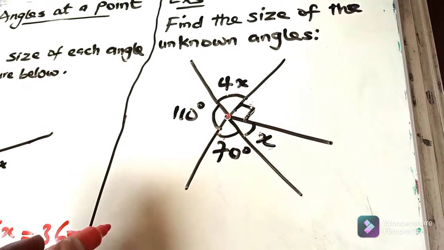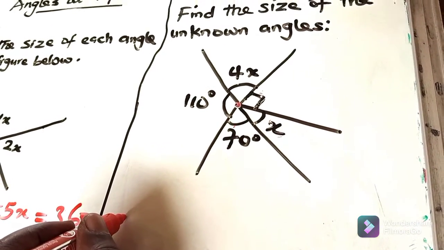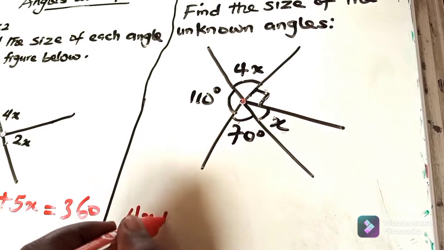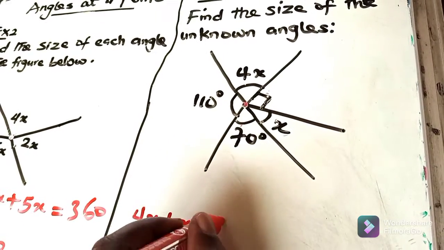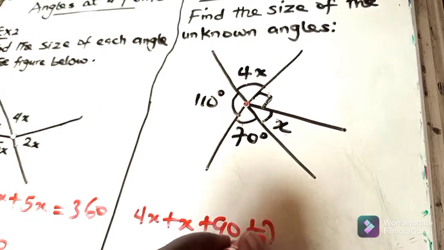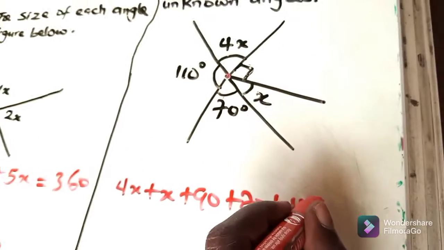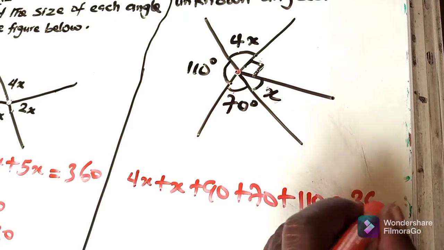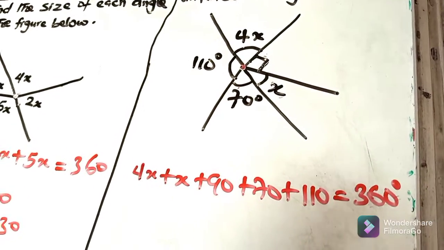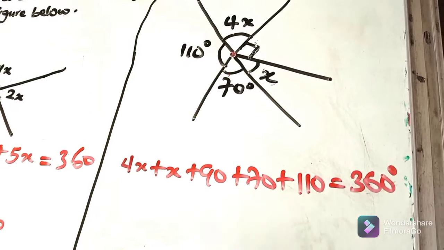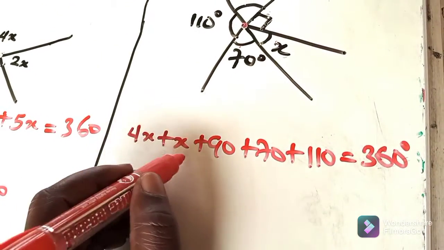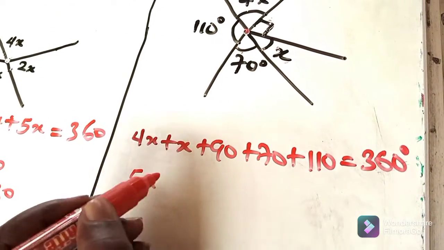So in this case, we're going to have 4x plus x plus 90 plus 70 plus 110 degrees equal to 360, because sum of angles at a point is 360 degrees. Now 4x plus x will give me 5x.